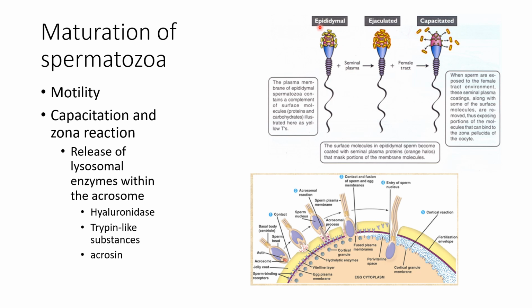At the epididymis, some surface molecules get attached and mask these sperm cells. They are a mixture of proteins and carbohydrates. This is what is illustrated by the yellow thing you are seeing here. So it forms a kind of complement of surface molecules, a mixture of proteins and carbohydrates, that masks these sperm cells.